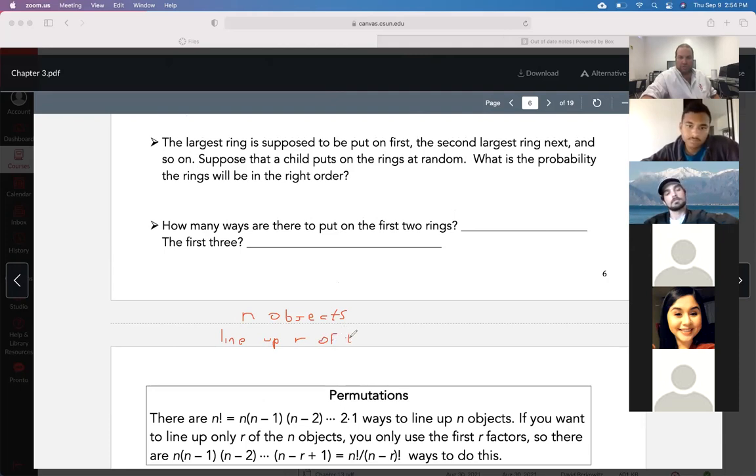How many choices do you have for the first? You have n objects in front of you. You want to pick r of them. Think of actual numbers. Suppose there's 10 objects in front of you. You're going to pick 4 of them. How many choices do you have for the first one that you're going to pick?